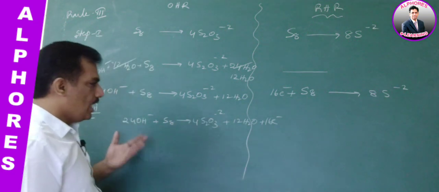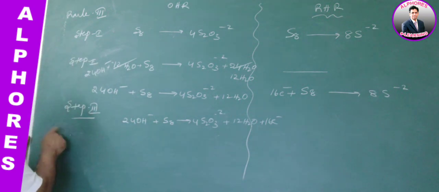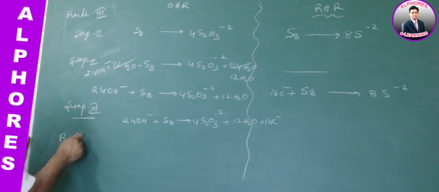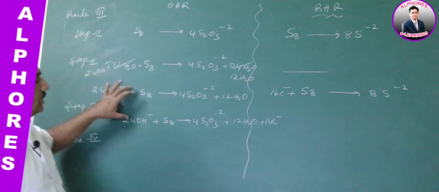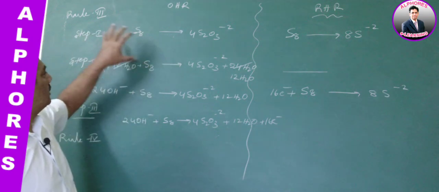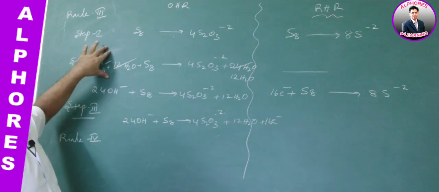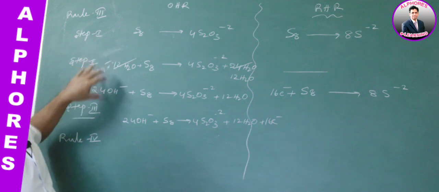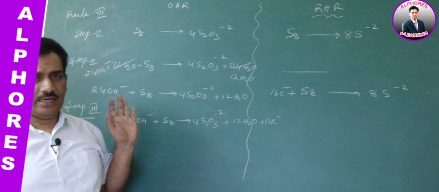And now we have to move to rule number 4, because with this charge balance we concluded rule number 3 with 3 steps. The 3 steps are: step 1 is balance the atoms other than oxygen and hydrogen. Step 2 is balance oxygen and hydrogen. Step 3 is balance charge by adding electrons.